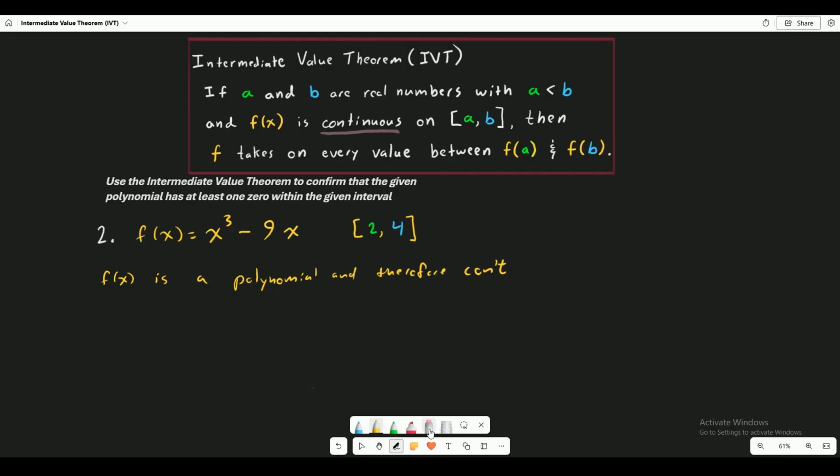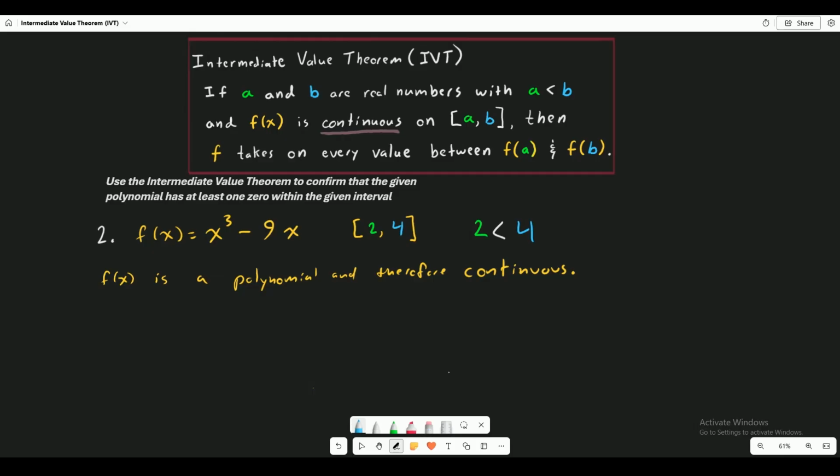I forgot what the abbreviation was for continuous, so I'm just going to spell it out. Continuous. Okay? So let's apply the intermediate value theorem. Can we? Is a less than b? Yes, it is. 2 is less than 4, and f of x is continuous.